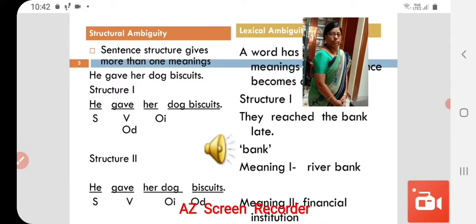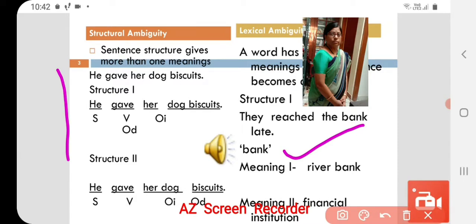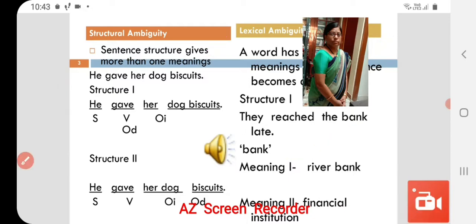Structural ambiguity can be explained as: sentence structure gives more than one meaning. And lexical ambiguity happens when a word has multiple meanings, so the sentence becomes ambiguous.